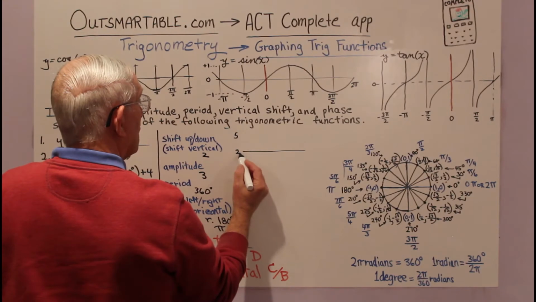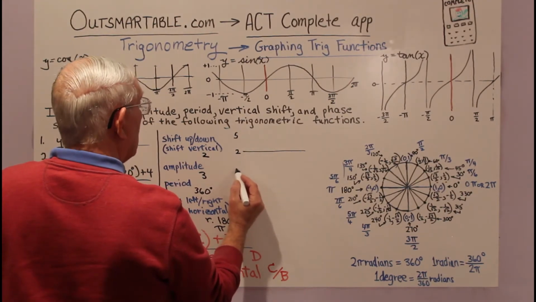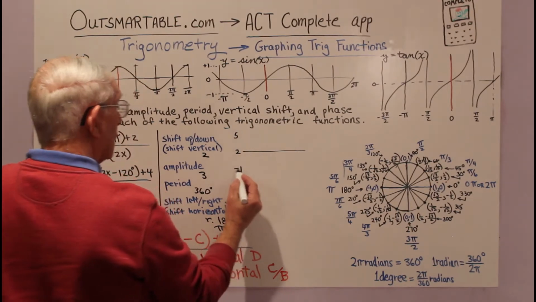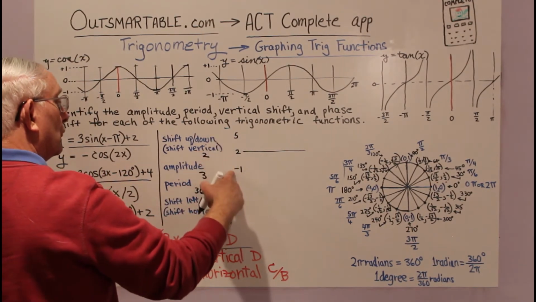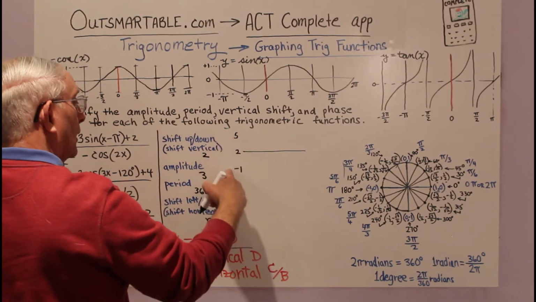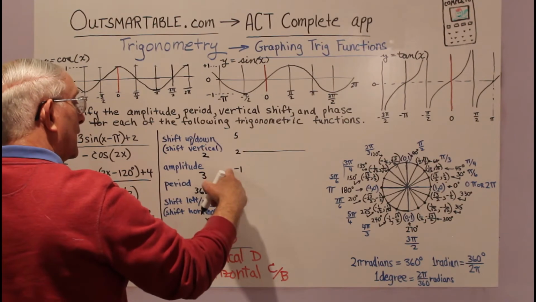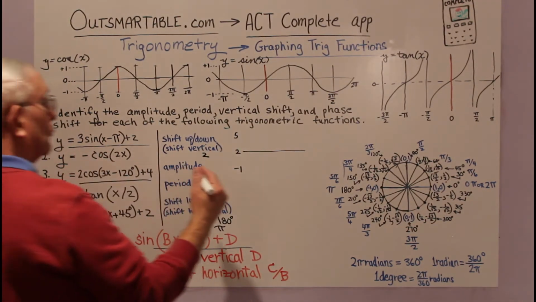It's also equal to the midpoint distance to the minimum value. So if we go 3 up from 2, we get 5. We go 3 down from 2, we get minus 1. So that's the new range, if you will, for this modified sine function.